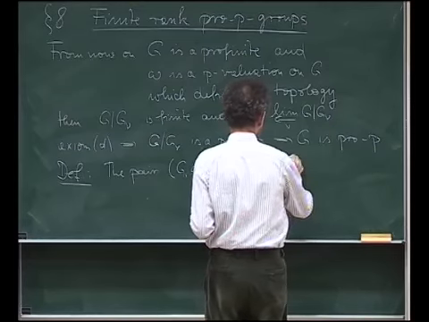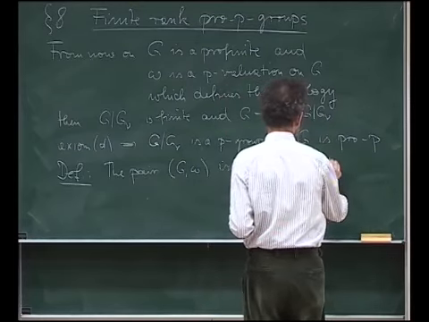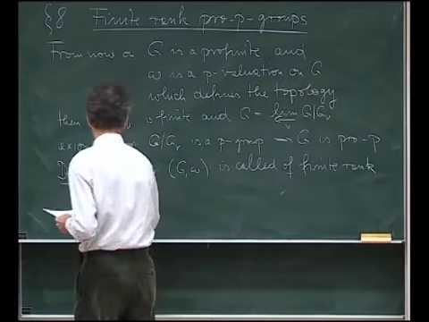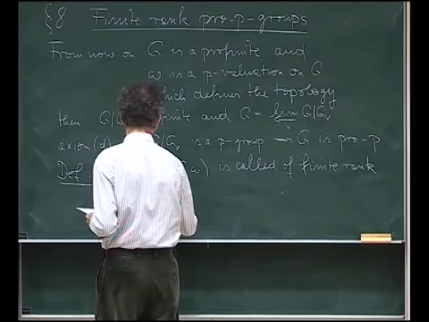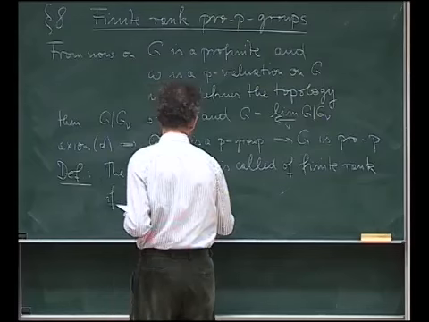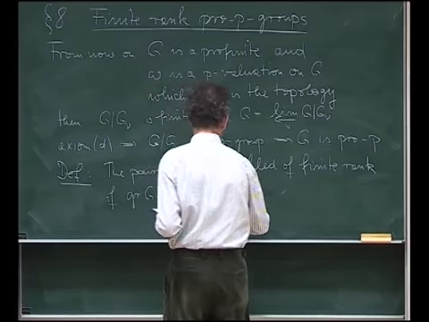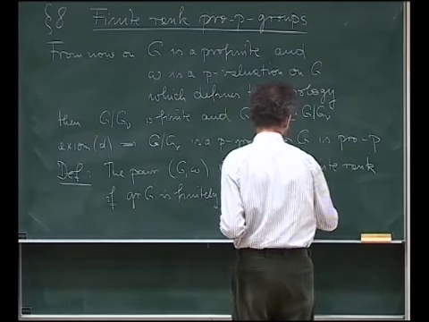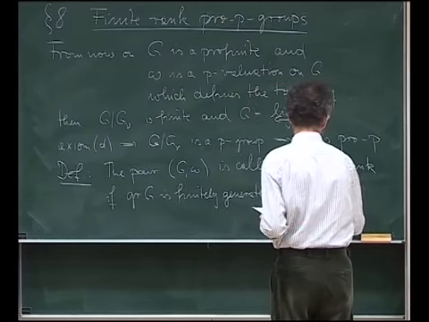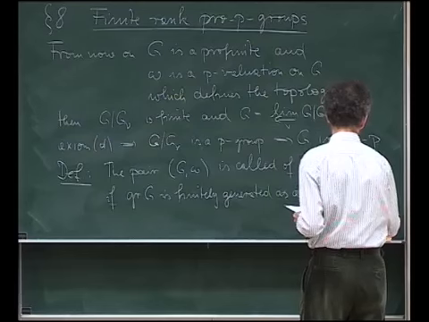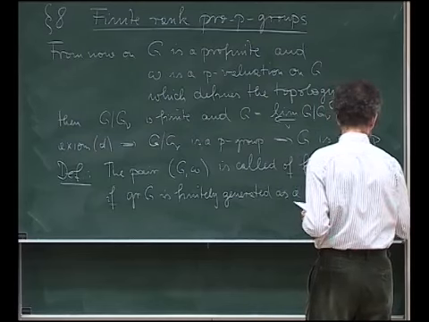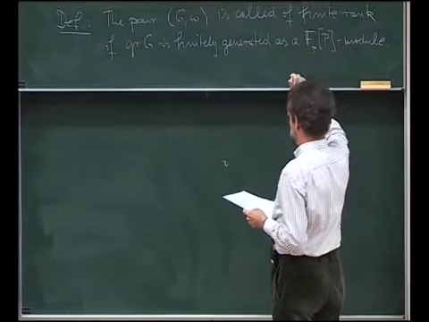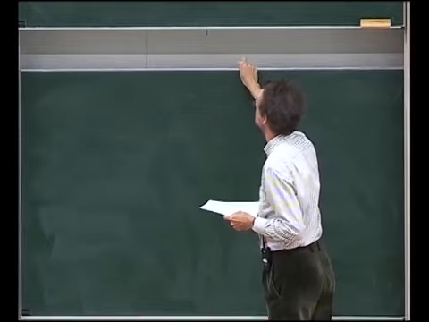So the pair G, omega is called of finite rank if gr G is finitely generated as an F_p[P] module.